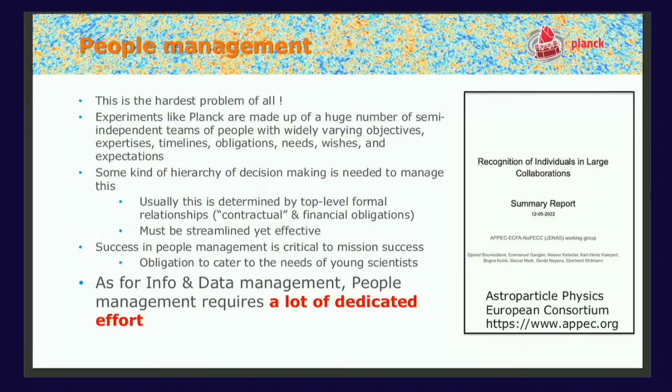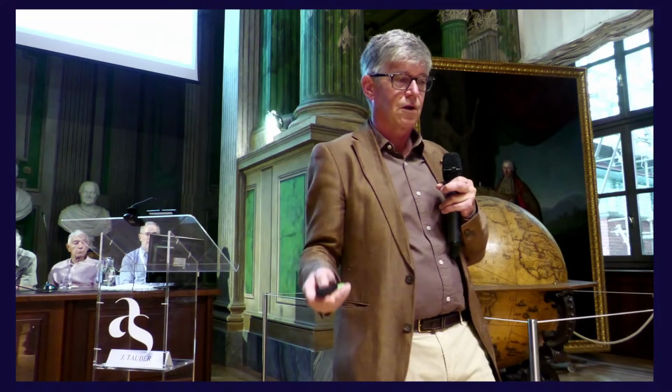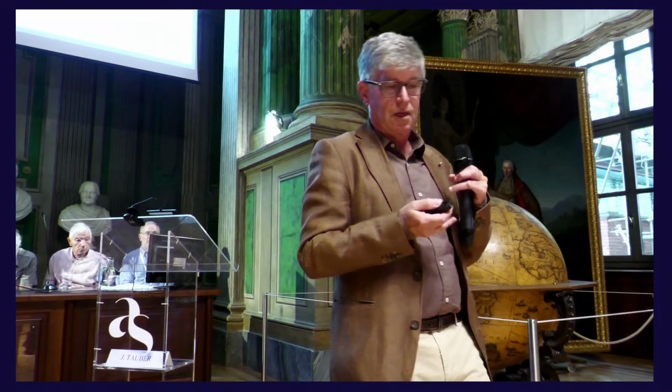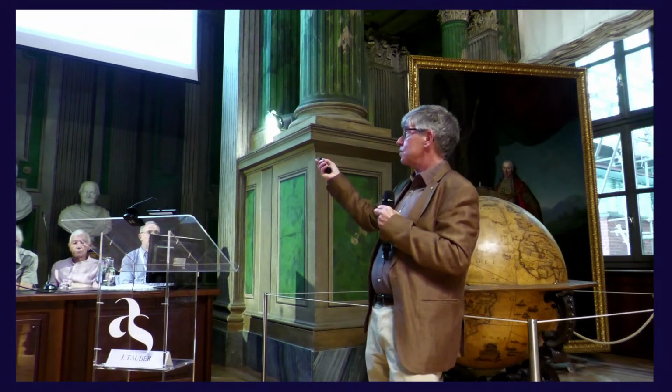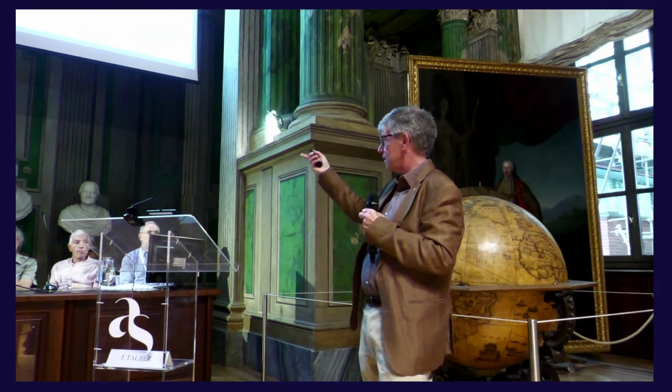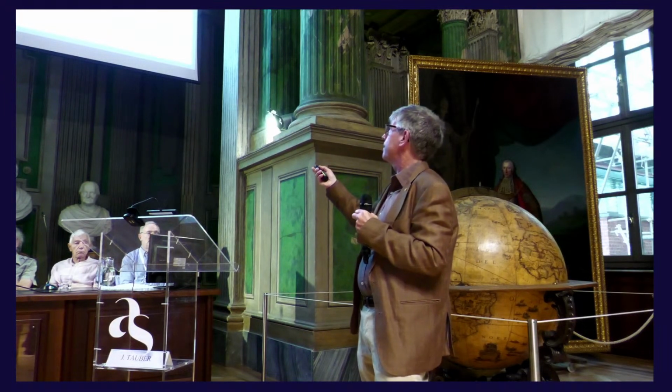I wanted to point out this document here, which was produced by the Astroparticle Physics European Consortium. They recently worked with a number of large collaborations, mostly particle physics, but Planck also participated in that. Jean-Loup and I were involved. And Reno too? I don't remember.